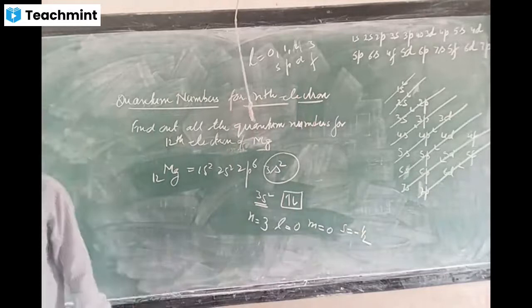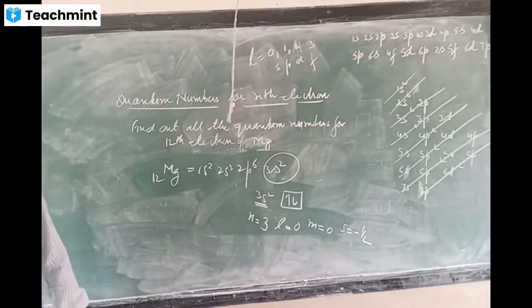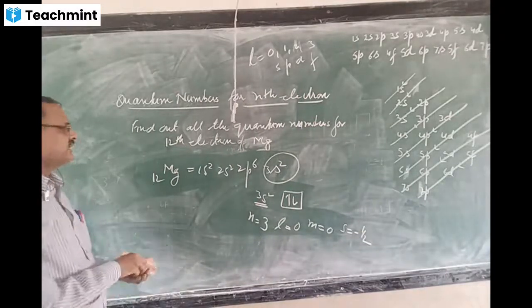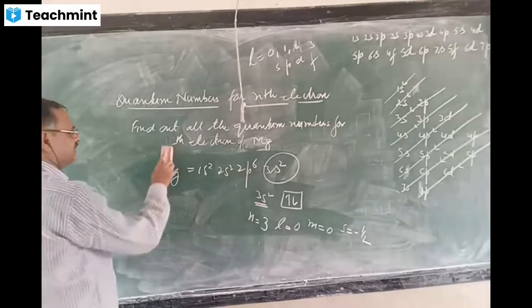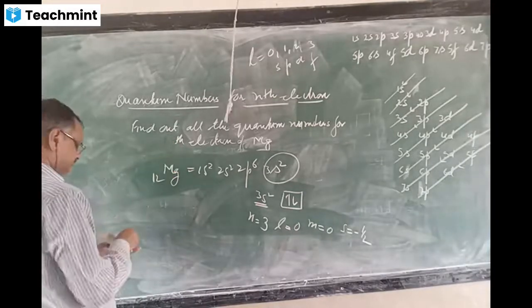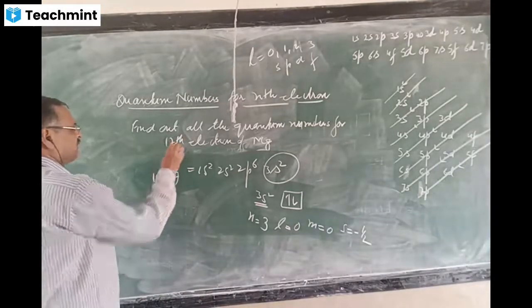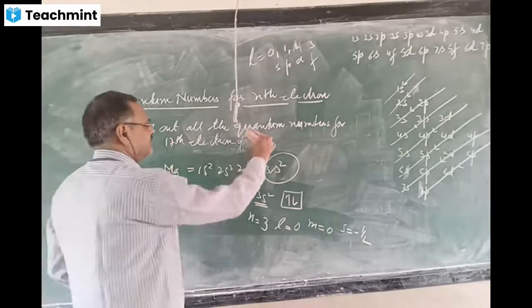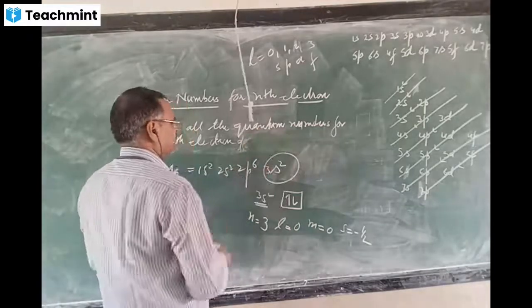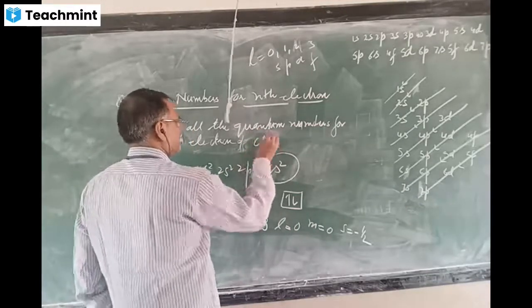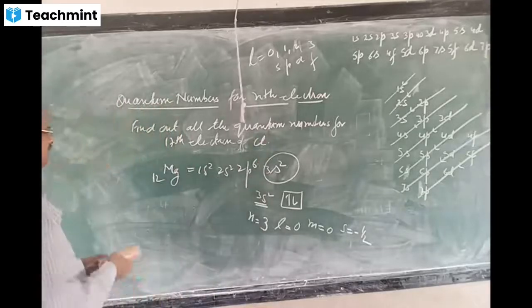Now, one more question. Write the electronic configuration of the 17th electron of chlorine.